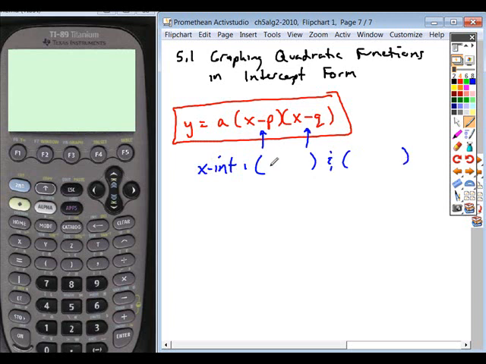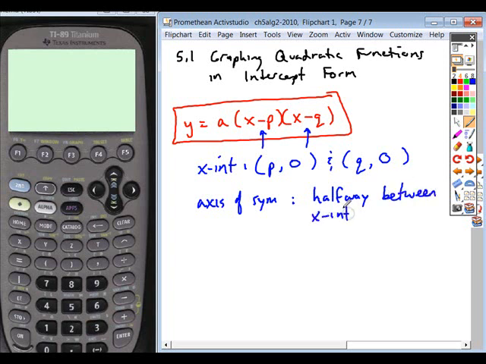Okay, again, it'll be (p, 0) and (q, 0). Those will be your x-intercepts. And then the axis of symmetry can be located halfway between these two points.